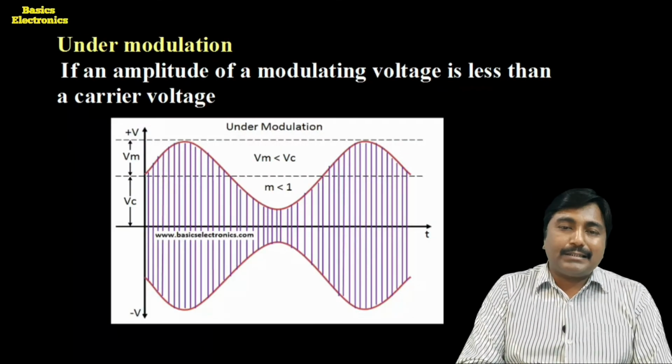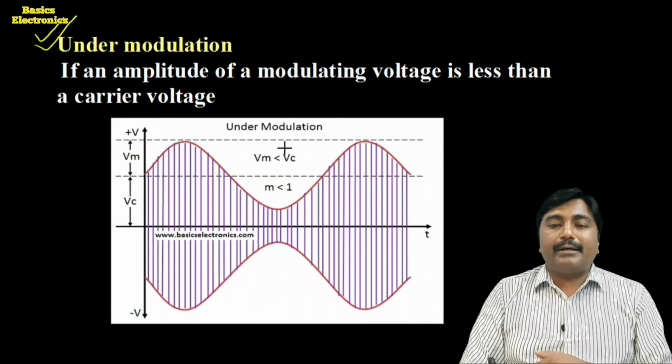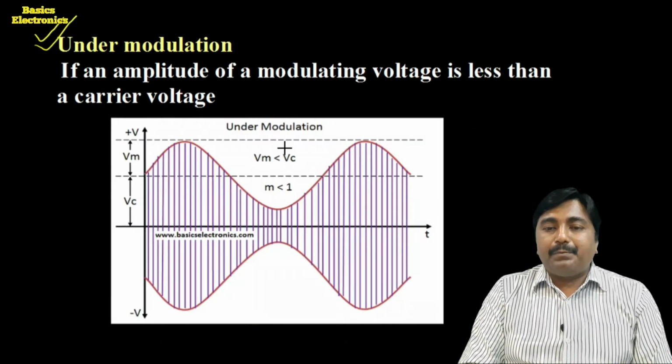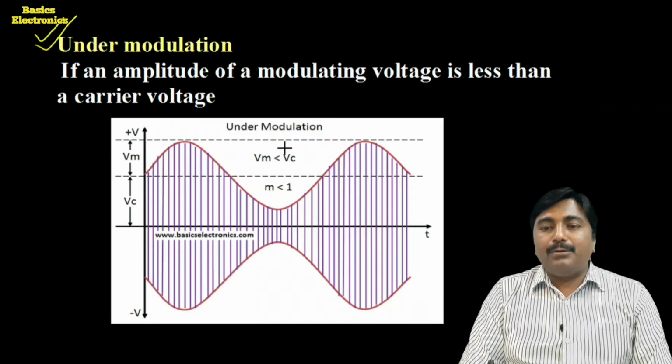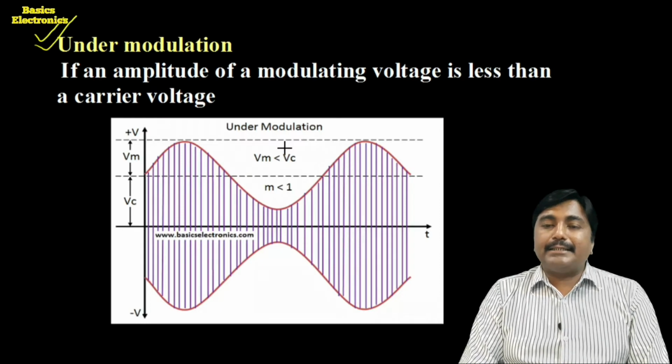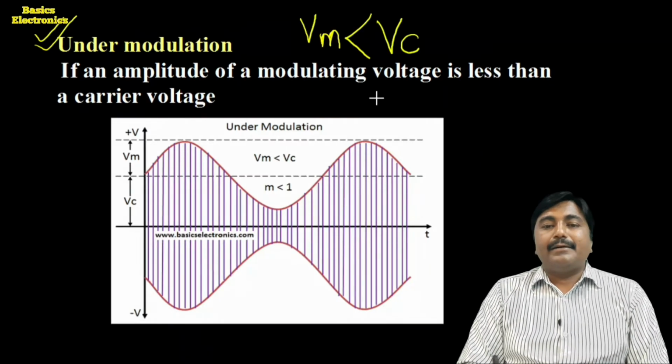Okay, so the first condition is under modulation. What condition do we call under modulation? When the value of Vm is less than the value of Vc. Vm is the peak voltage of the modulating signal and Vc is the peak voltage of the carrier signal.